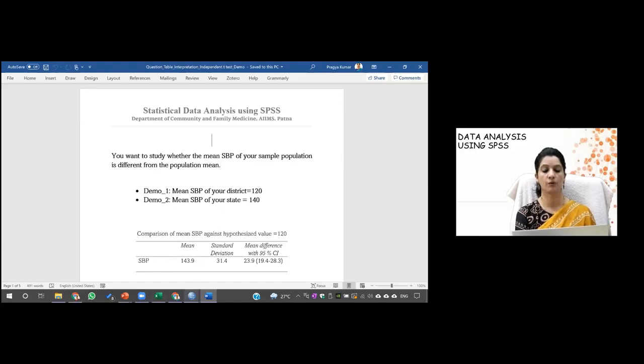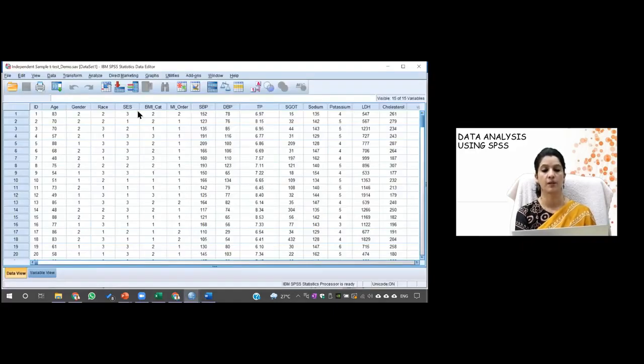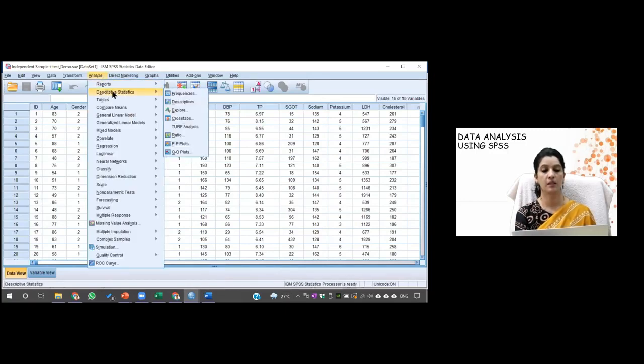Now, how to answer this question? There are various options. We will be using the Analyze option, Descriptive Statistics, and come to Explore. There are various assumptions for which test we will apply here. Since this is continuous data, a single variable, and we want to test this variable against a known value, I'll apply the one sample t-test.